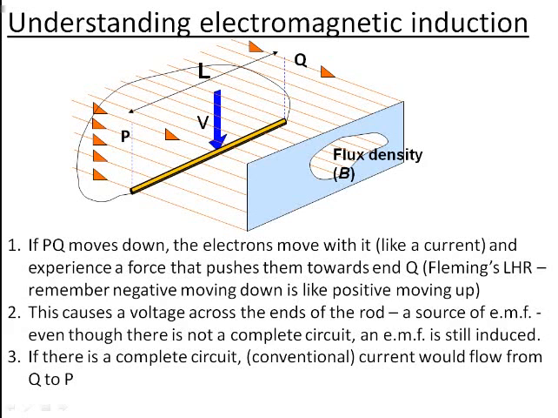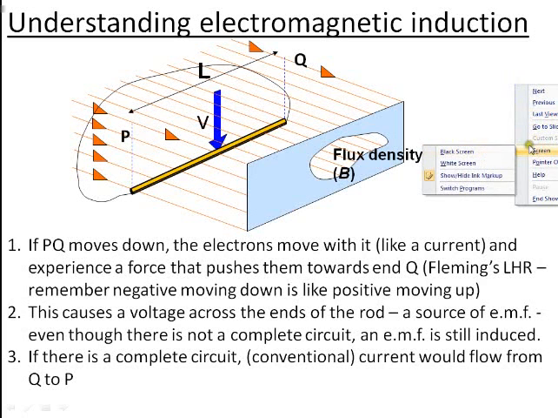If there's not a complete circuit, then you just end up with effectively an EMF being induced. Now, if there was a complete circuit, conventional current would flow from Q to P. If the electrons are moving from P to Q, that means that conventional current would flow the other way around. So we need to think carefully about which direction the current will flow in a moment.